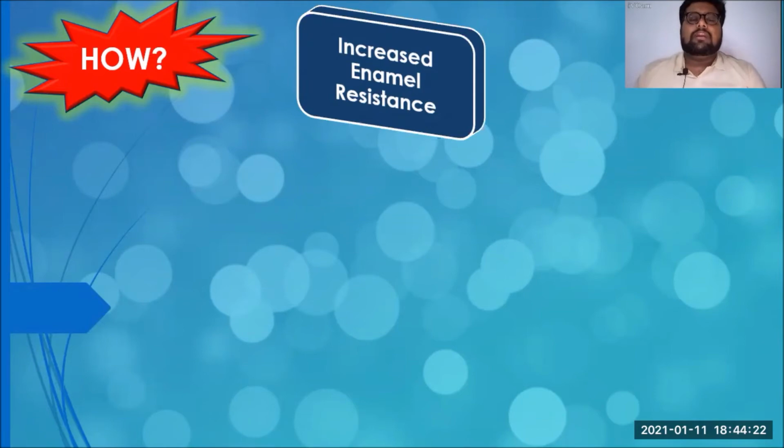In our whole body, enamel is the strongest part, but it has to be still stronger so that it is not eroded by caries. Fluorine reacts with the hydroxyapatite crystals of our enamel and creates enamel resistance, so that when microorganisms attack the tooth, it is not affected by caries.